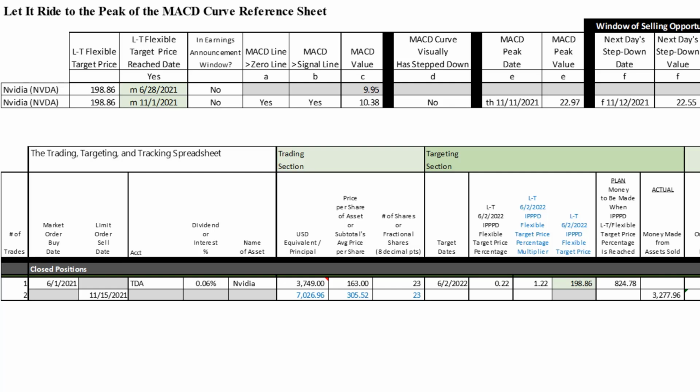We used the price from our trade confirmation from our brokerage firm or from our exchange. The number of shares multiplied by price equals the value of the sale, $7,026.96, shown on the sell trade row in the USD equivalent principal column.